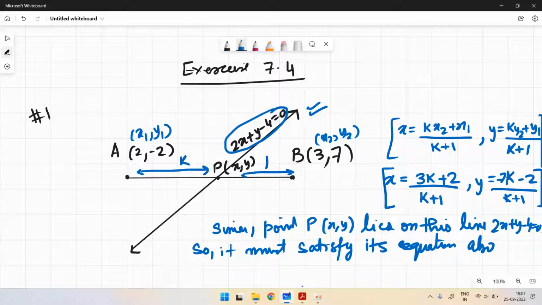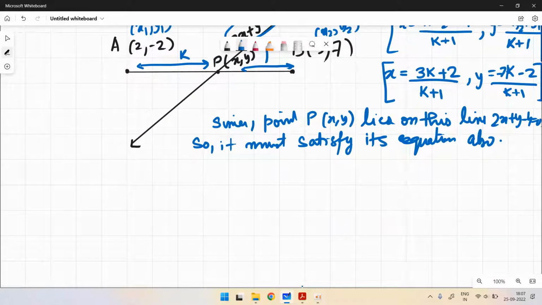If you put the values of x and y in this line, 2x + y - 4 = 0, it must be satisfied.